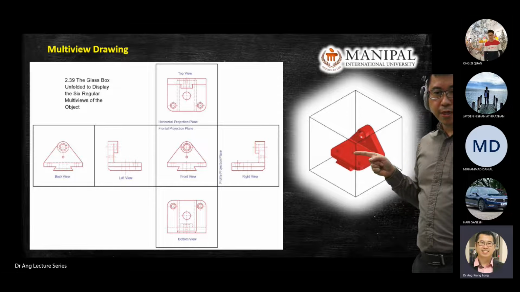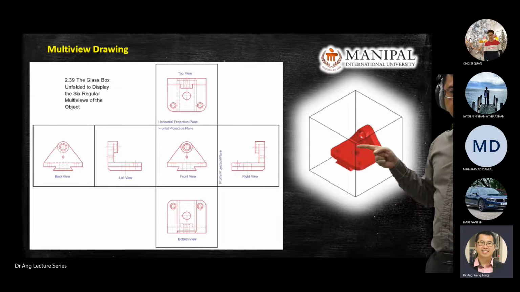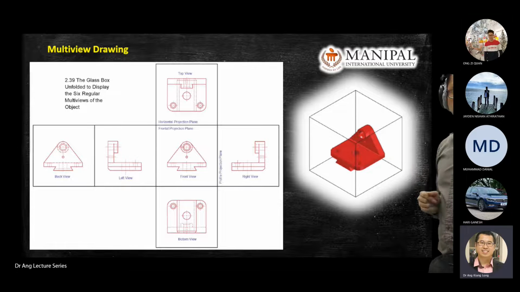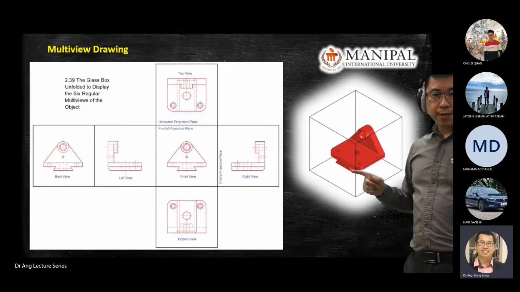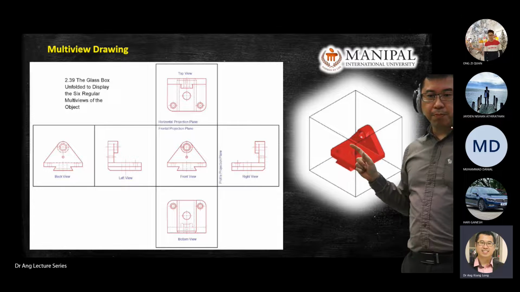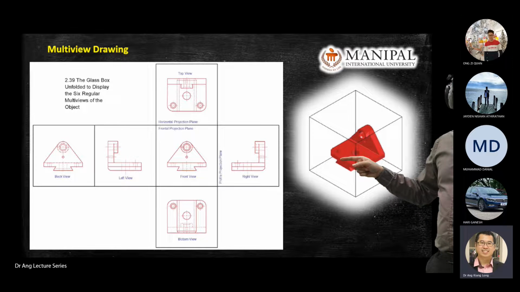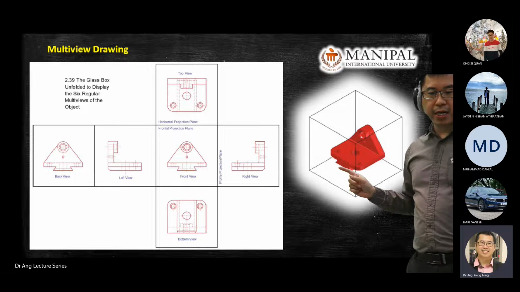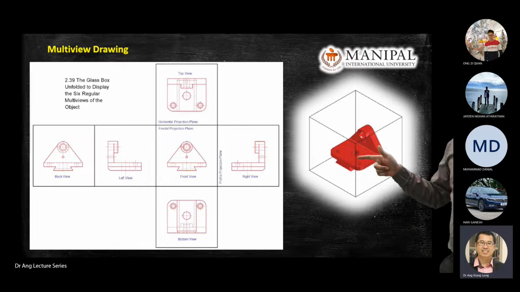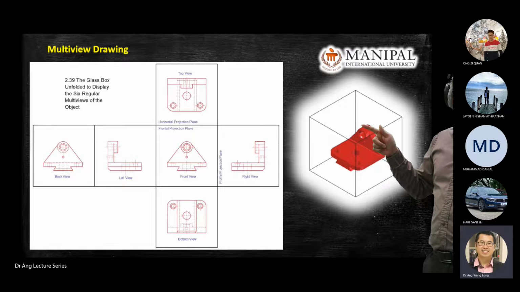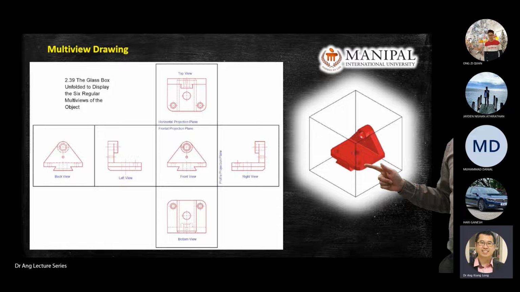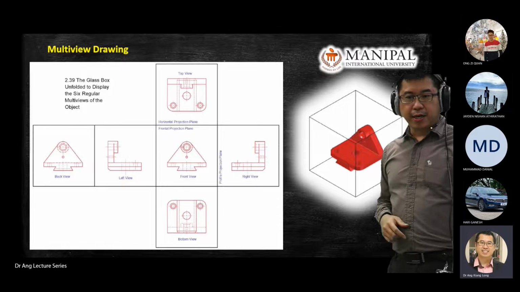For example, your center point is here, so all the dimensions will refer to your global reference point. Just take note of that. Don't do one object in this orientation and another object in another orientation. You should put all objects using the same orientation.